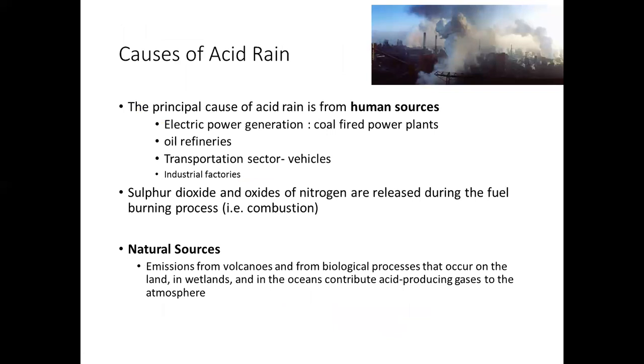Okay, so we have discussed the causes of acid rain. The principal causes of acid rain are the power generation sector, especially coal-fired power plants. Coal-fired power plants cause huge air pollution in the atmosphere. It cannot be stopped, because the formation of thermal NOx cannot be avoided even if we reduce the sulfur content in the coal.